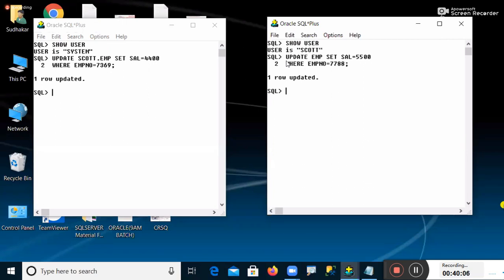Okay, fine. Now suppose the system user again does an update operation: update Scott.emp set salary equal to 6600 where EMP number is equal to 7788. Now tell me, guys, can the system user operate on 7788?